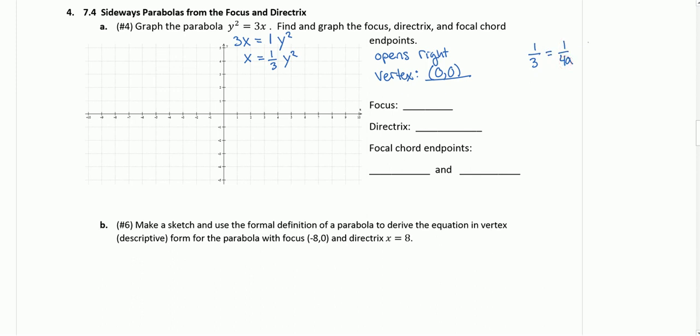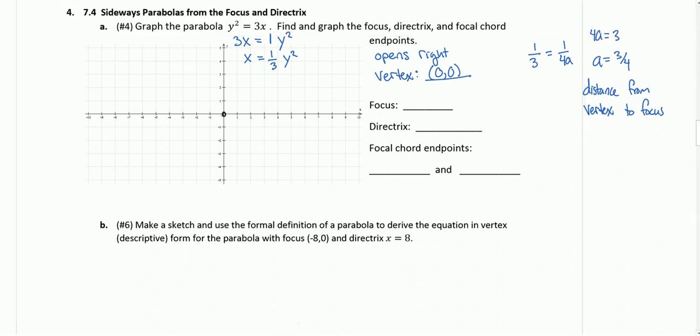Because both numerators are 1, we can say that 4a is equal to 3, giving us a = 3/4. So a, that 3/4, that's the distance from vertex to focus.